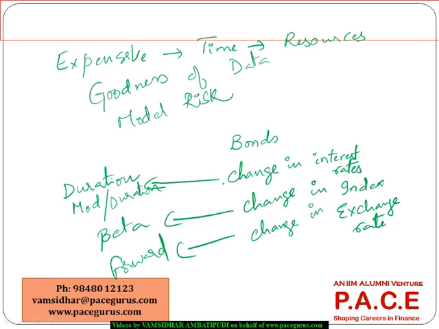When the positions are exposed to the same risk factor, for example if my portfolio contains exclusively bonds, they are all exposed to the same risk factor, which is the change in the interest rate.